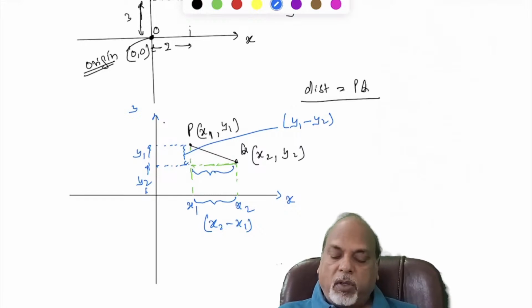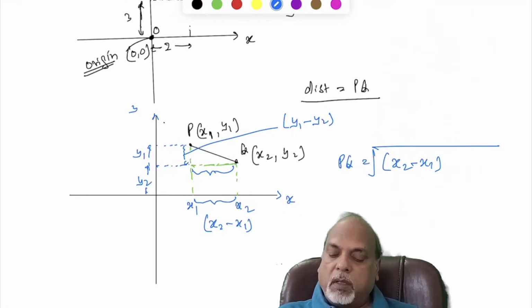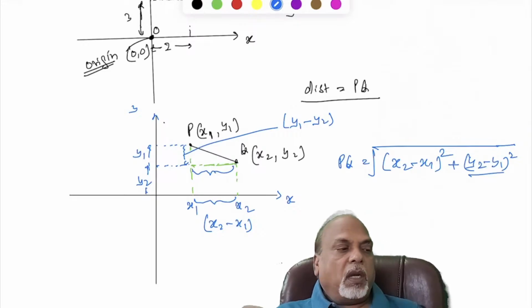Then by Pythagoras, PQ is nothing but the square root of (x2 minus x1) square plus (y2 minus y1) square. Here we have written y2 minus y1, but if you write y1 minus y2 or y2 minus y1, it does not make any difference because it is a square.